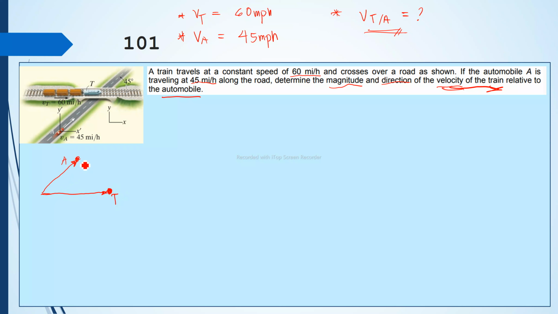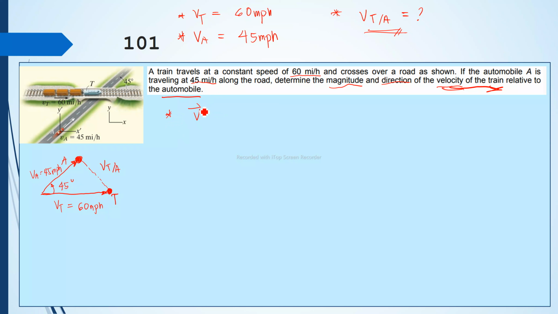So we have our particle T and particle A. Relative velocity of the train with respect to A. So we have our velocity of the train here equals to 60 miles per hour and the velocity of our automobile at 45 miles per hour. And the road of our automobile is inclined at 45 degrees.